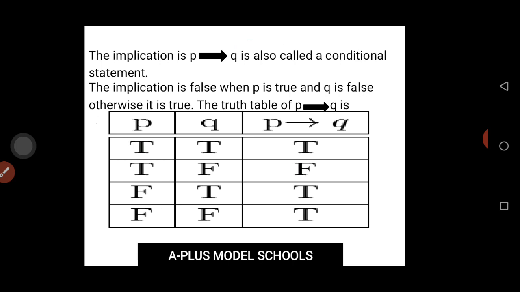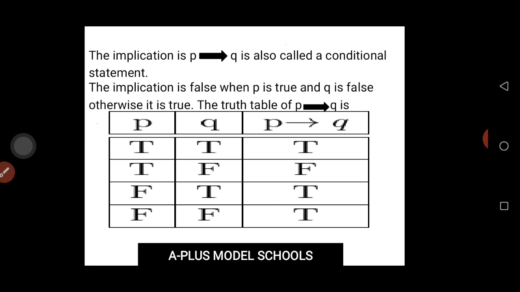The last one, under the table, we have P is false, Q is also false, then it will be true. Why? Because Q is false. So when the two statements are false, it will be true. When the two statements are true, it will be true.